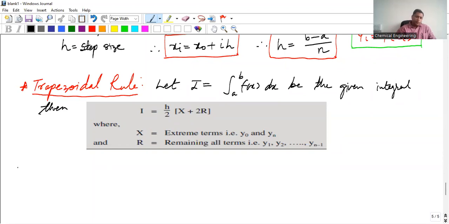Now when we approximate the area by using trapezoids, why is this rule called trapezoidal? Because we are approximating the area by using trapezium, and that's why this rule is called the trapezoidal rule. So in the trapezoidal rule, there is no restriction on the number of subintervals. Very important thing, you need to note.